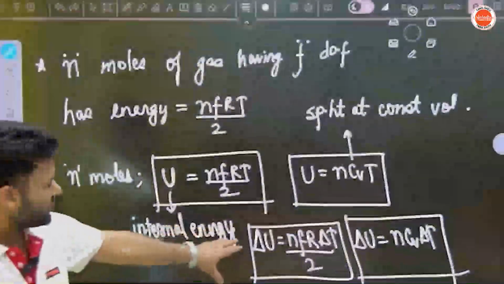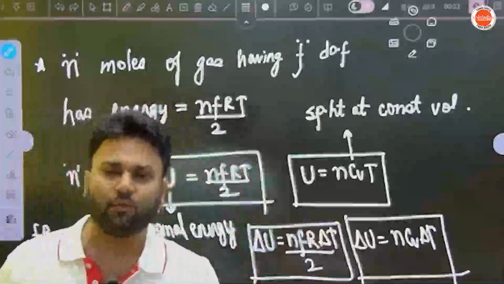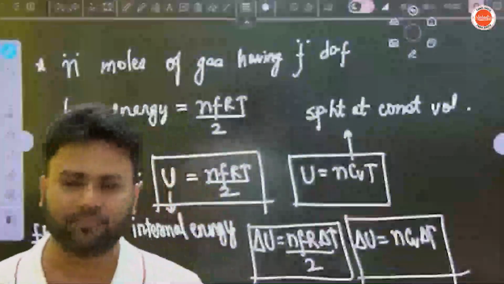So these formulas are very important. Always remember the delta U formula: n f R delta T by 2, or n Cv delta T. Correct?